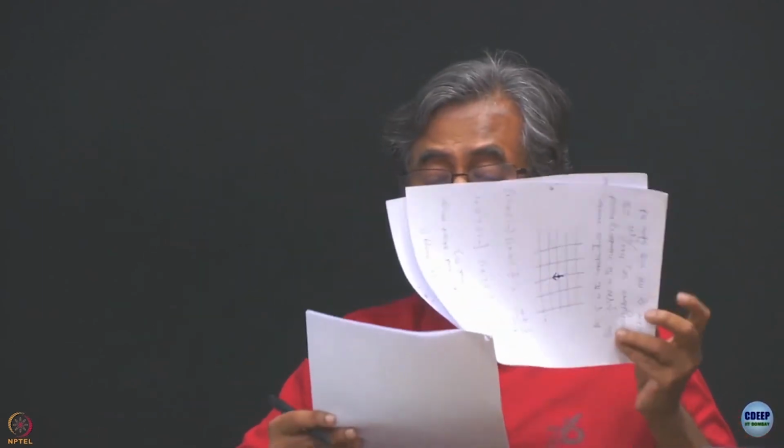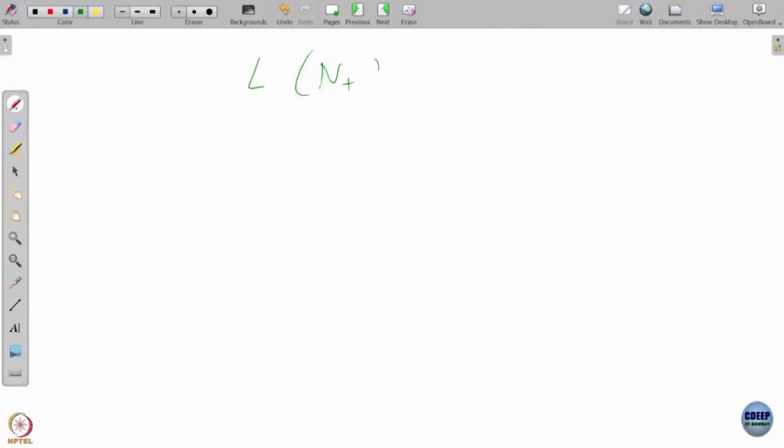So now I want to express the following. Since n plus and n plus plus are related, L is in terms of n plus. That immediately tells you that I will be able to write the Hamiltonian in terms of L and sigma.